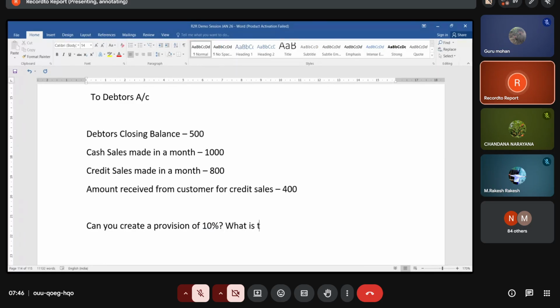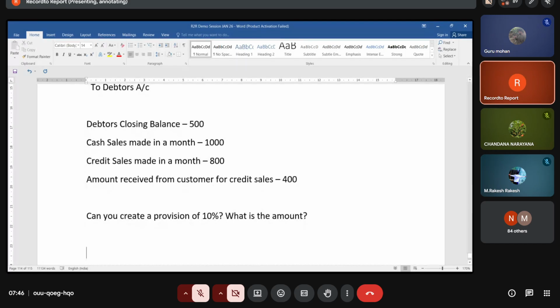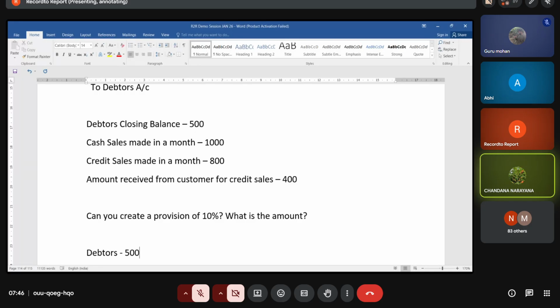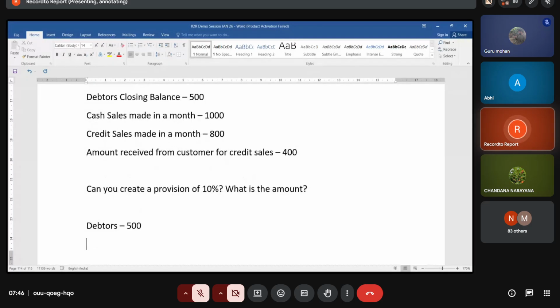What is the amount? Is there any expected answer? Any guess, guys? So what is the debtor closing balance, guys? 500. If you make credit sales, will they be added to the debtors or not?